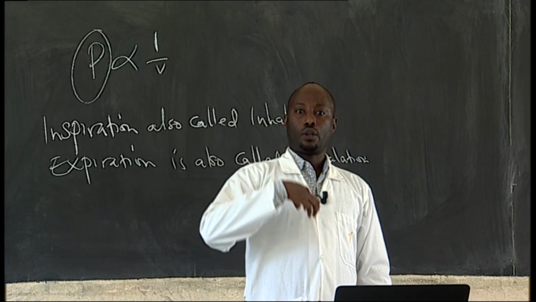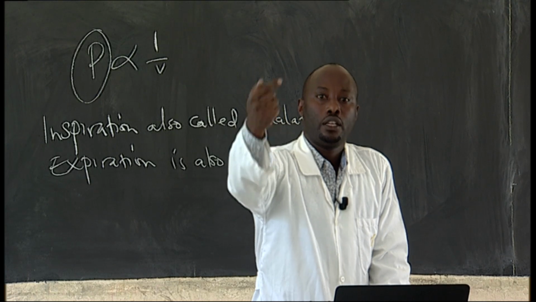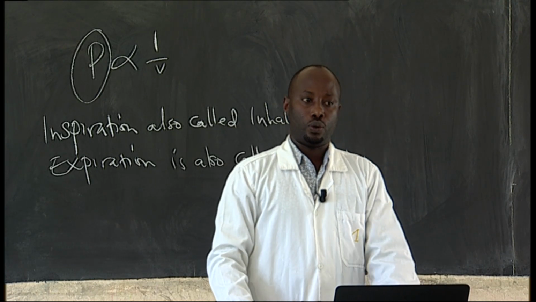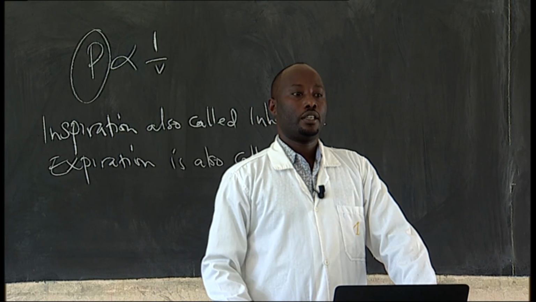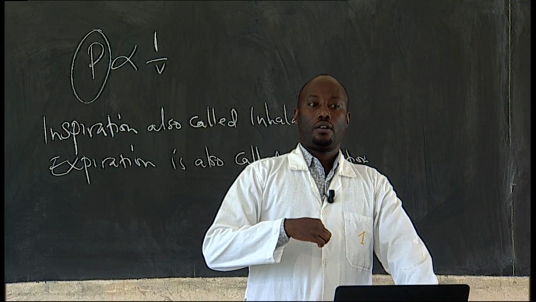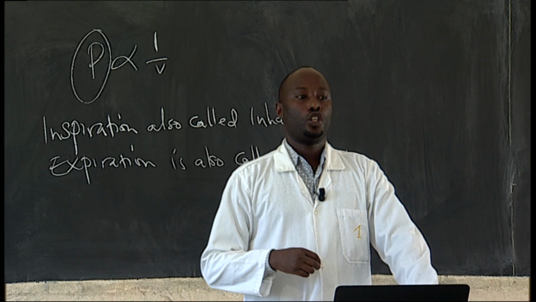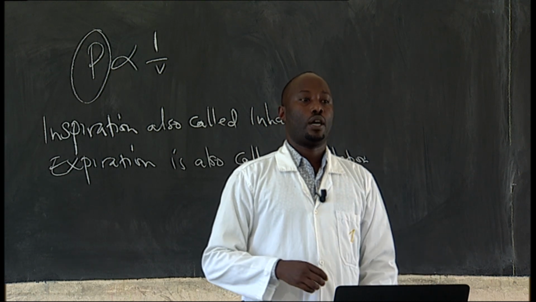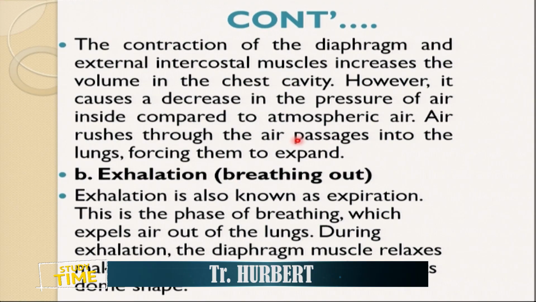It means the air is going to be drawn from the atmosphere into the lungs, and we do what we call inhalation. It causes a decrease in the pressure of air inside. The pressure inside will decrease, all right? And the air rushes through the air passages into the lungs and forces them to do what? To expand.